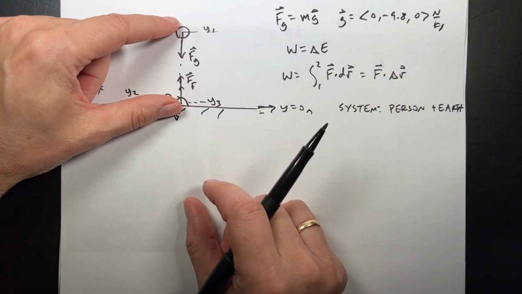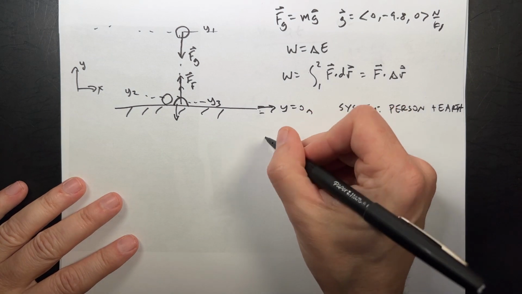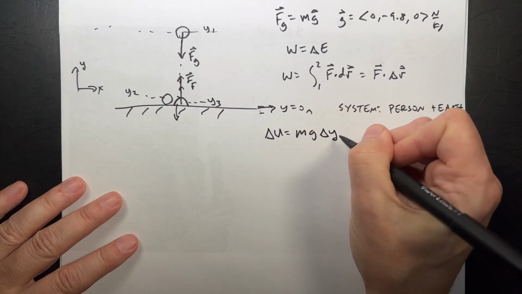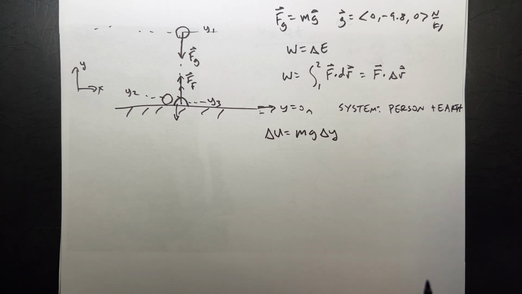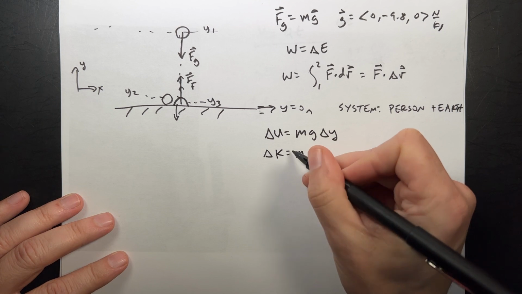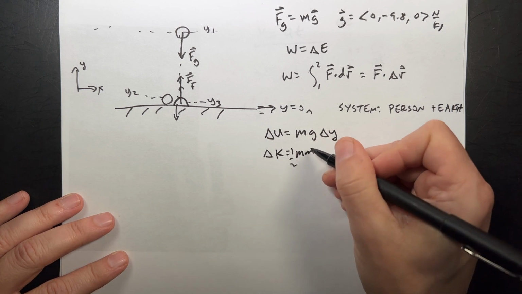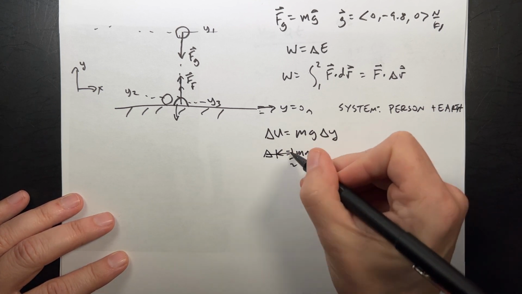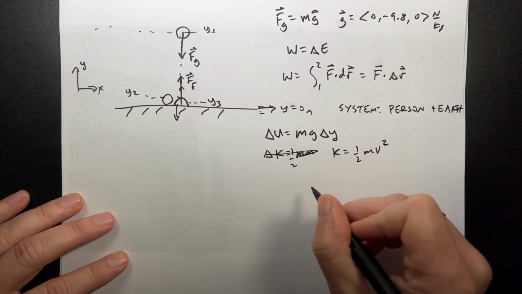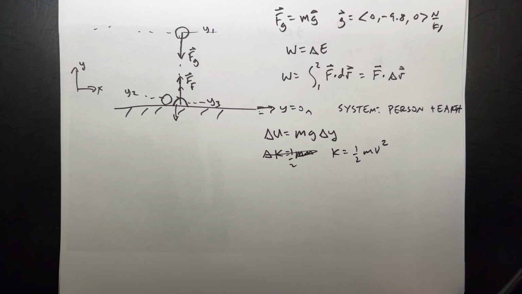So there's no work done by gravity. Instead, we'll have a change in gravitational potential energy, mg delta y. We'll also have a change in kinetic energy. Kinetic energy is 1/2 mv squared. And so the change would just be final minus initial.